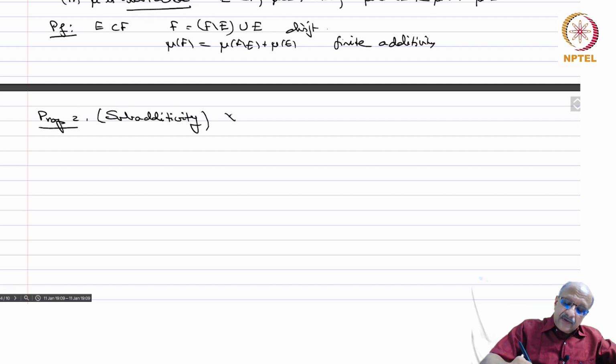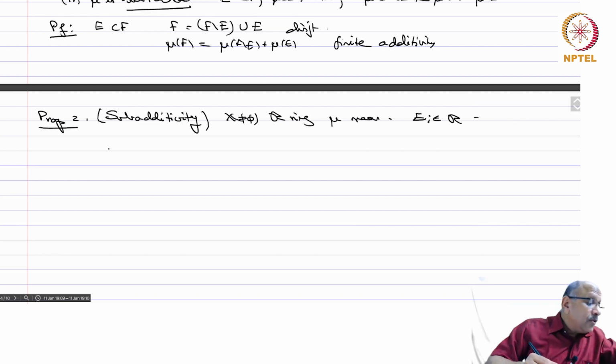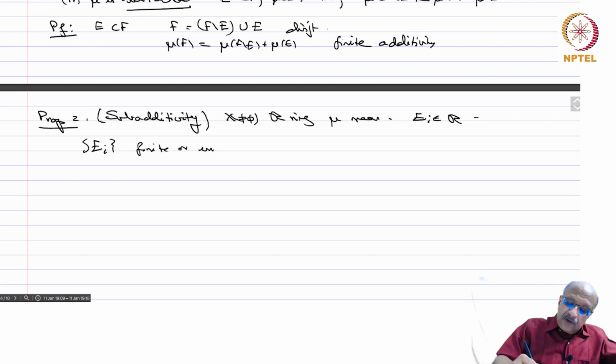So again, X a non-empty set, R a ring, mu a measure, and E_i in R, a finite or infinite sequence.